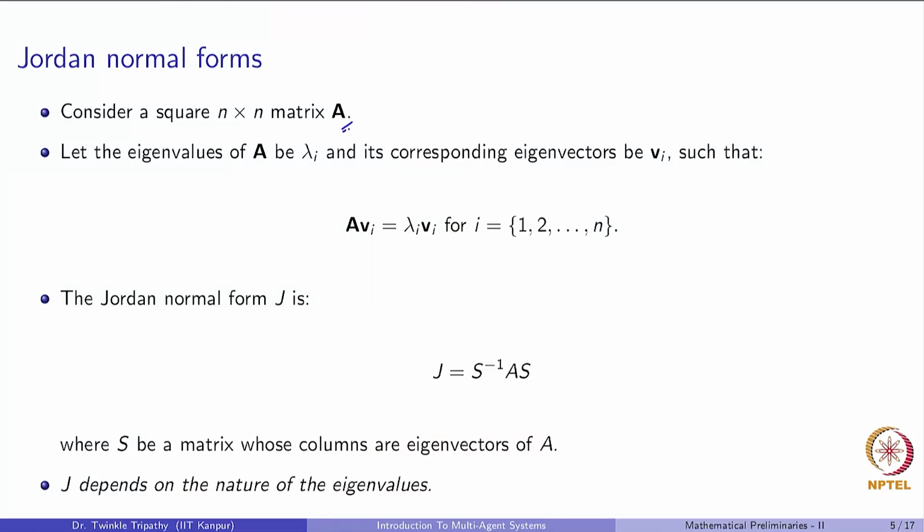So let's restart with a quick recap of what is a Jordan normal form. Let us consider any square matrix A, and let its eigenvalues be lambda i and the corresponding eigenvectors be v i.